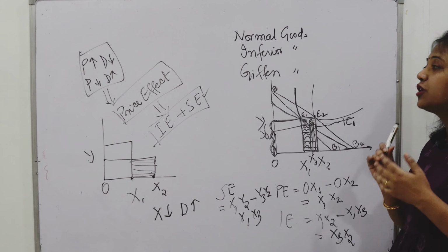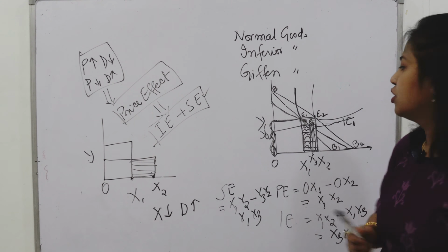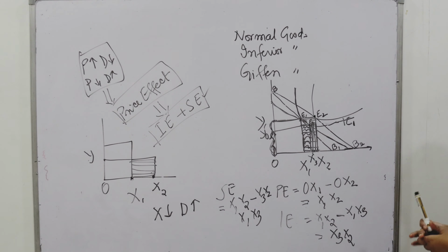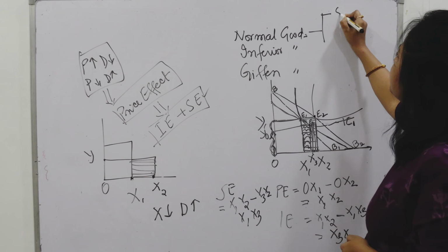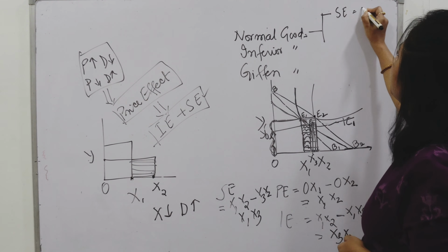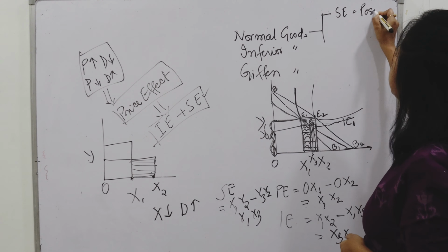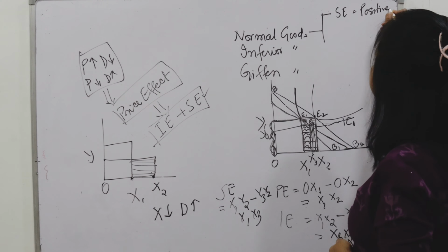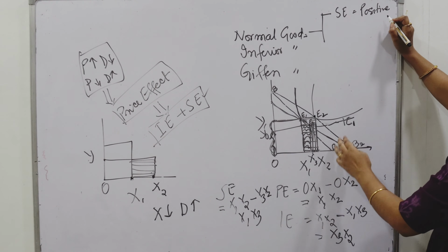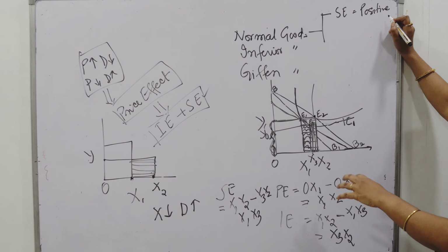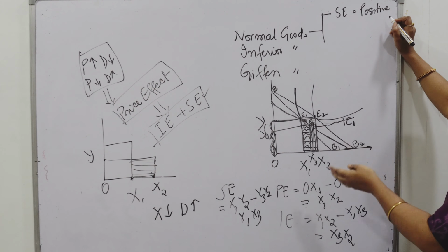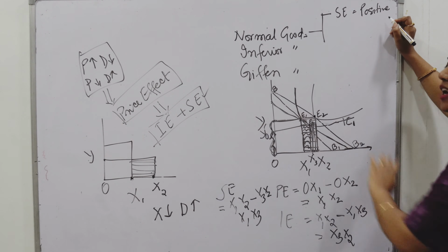Now friends, we have to understand what are normal goods. In case of normal goods, remember, your substitution effect is always positive. What does this mean? This means that as the price of a commodity falls, we try to buy more of that commodity because it becomes cheaper than the other.